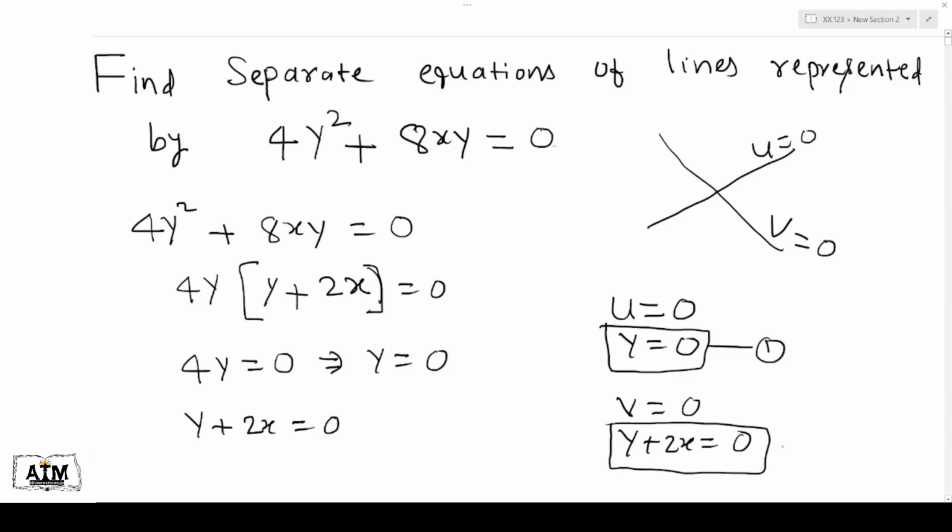So this is the first equation and this is the second one. 1 and 2 are nothing but the separate equations of lines represented by 4y square plus 8xy equals 0. In this way, by finding the factors, you can easily find the separate equations of a given pair of lines.